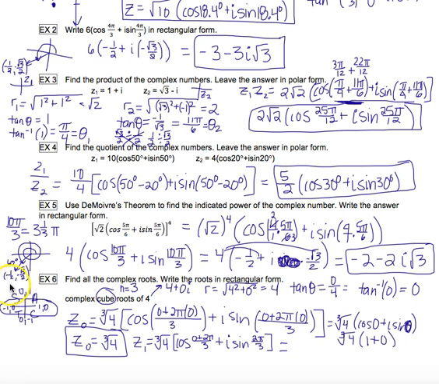So it's going to be -1/2 and positive radical 3 over 2. So I've got square root of 3/4. And then cosine of 2 pi over 3 is going to be the -1/2. And then the sine, so I've got I times radical 3 over 2.